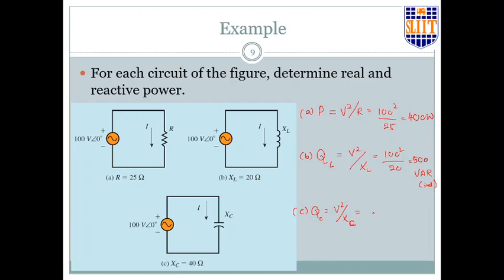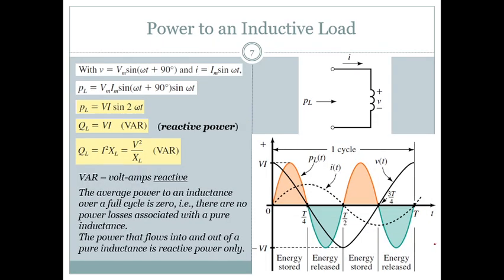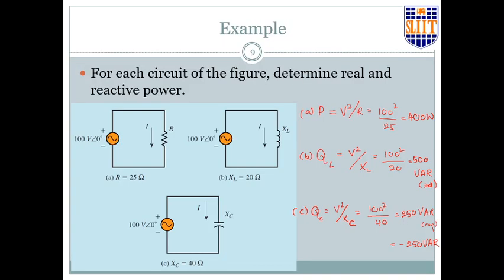So that is 100 squared over 40, which is 250 VAR capacitive, or we can write it as minus 250 VAR, right? I think we have discussed that here, we can use the minus sign for capacitive reactance. Okay, I think you got that point.